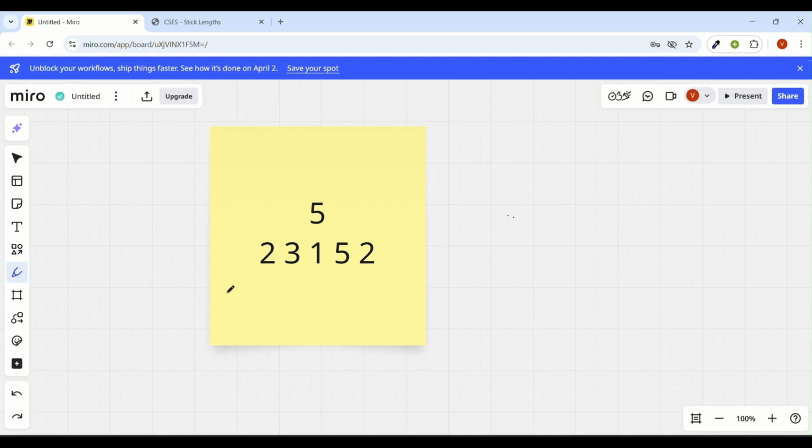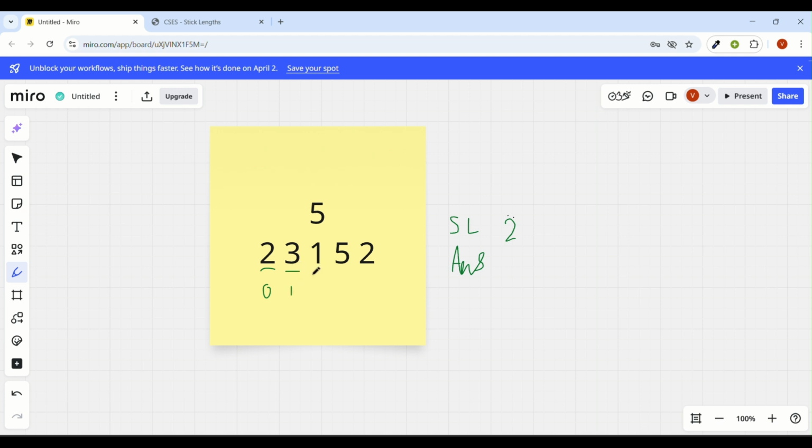So this is our sample case. Let's see how we will get the answer. We are trying different stick lengths and trying to find our answer. Firstly, let's say we are taking stick length as 2. So for stick length 2, the first stick is of length 2, so we don't need to make any change.